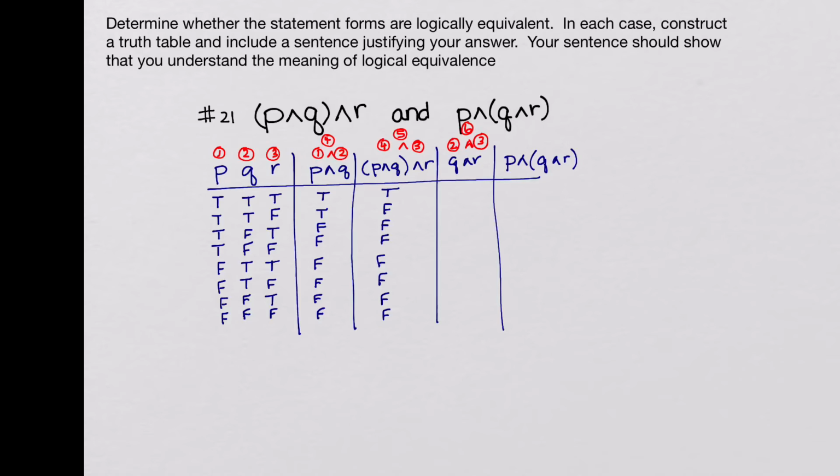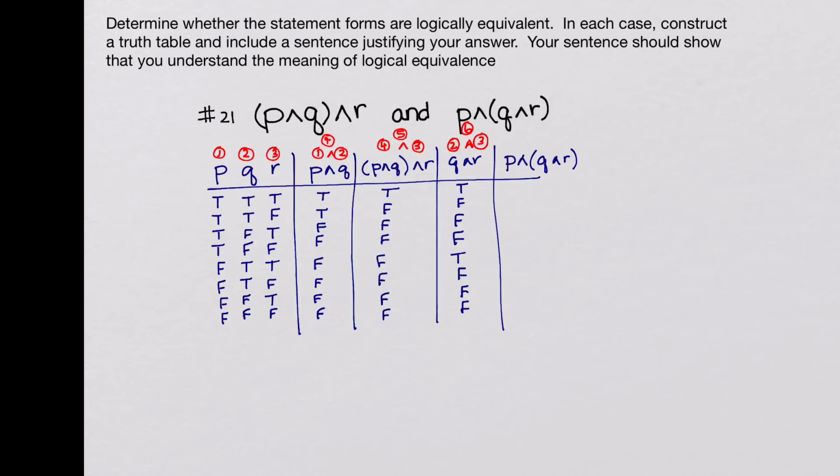So Q and R, we have true and true for the first one, and then we have true and false. So that'd be false. Then we have true and true again. Is that right? Nope. False and true. So that's false. And then false and false. Now we have true and true again, and then false, false, false.